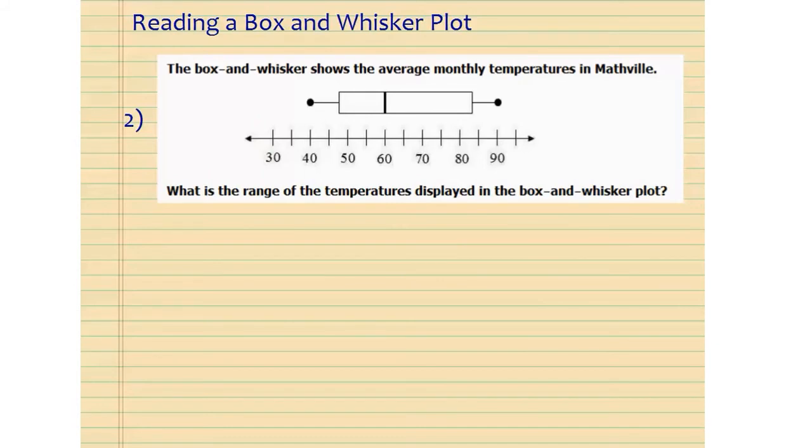Let's look at our next example. We have monthly temperatures. What is the range of temperatures in the box and whisker plot? Range is the difference between upper extreme and lower extreme.